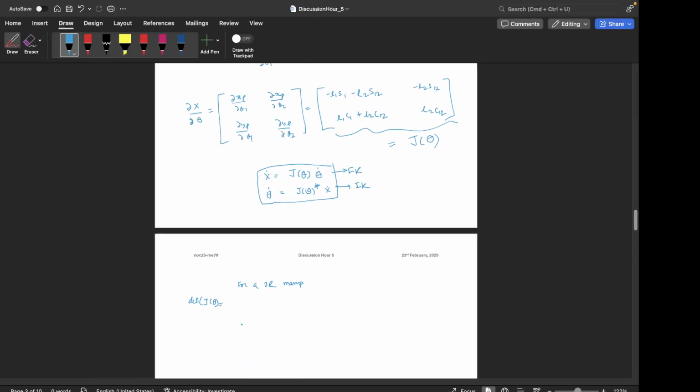The determinant will be minus L1 S1 minus L2 S12 into L2 C12, and then minus L2 S12 times L1 C1 plus L2 C12.